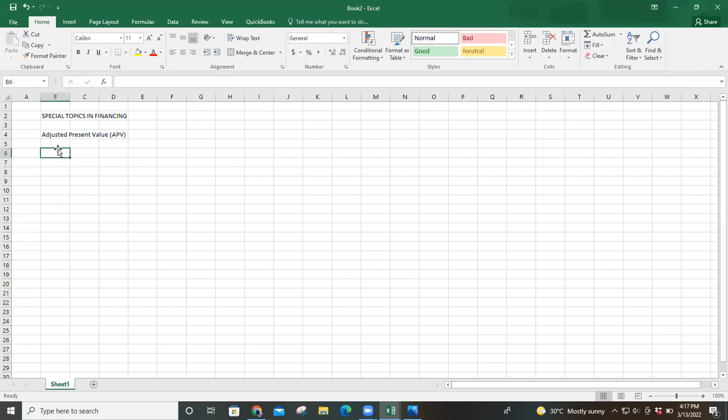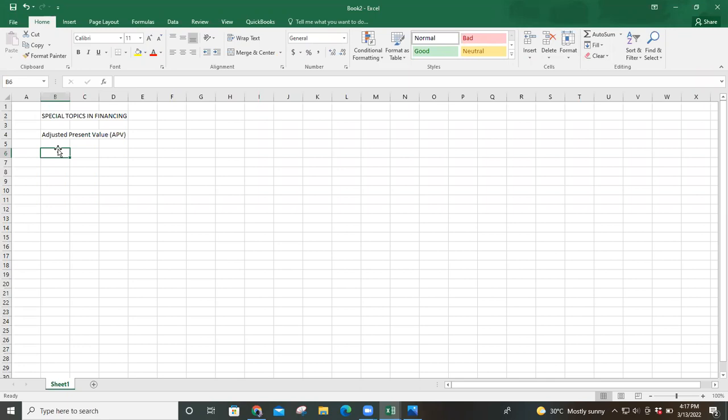And of course, APV also brings in the concept of risk. It considers the risk specific to a project, while NPV assumes that all projects in the company are affected by the same level of risk.